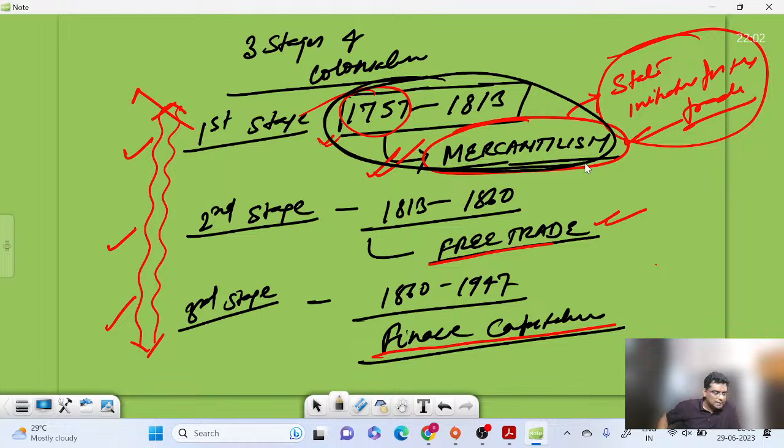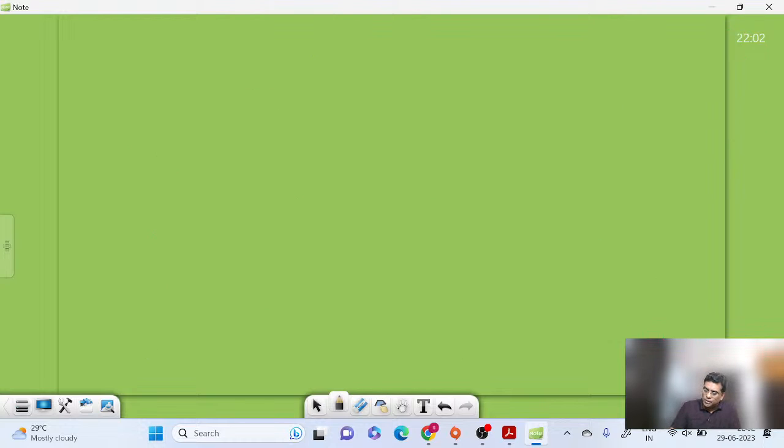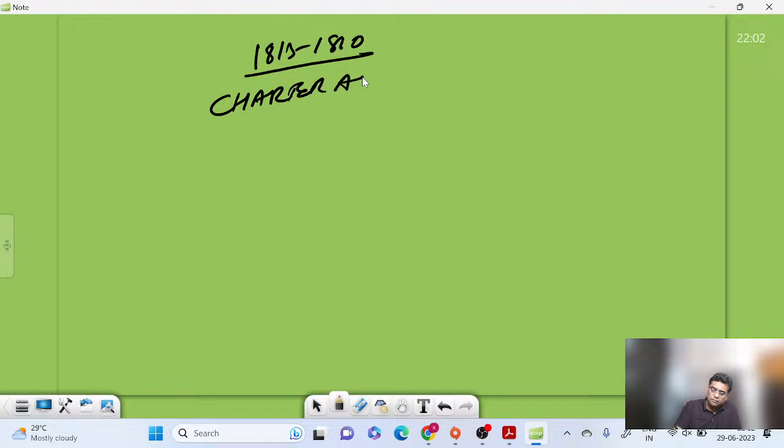Okay. Second stage, 1813 to 1860, which is a phase of free trade. This is the time when the Charter Act of 1813 was passed.